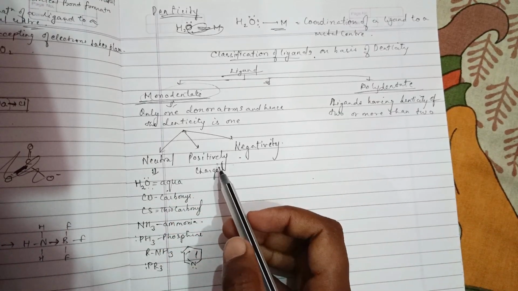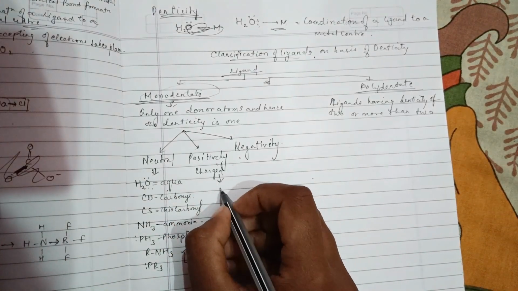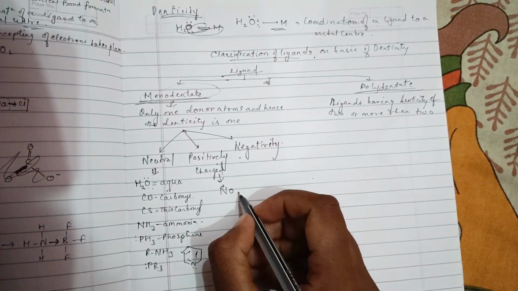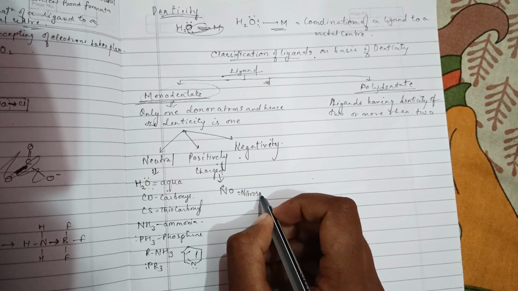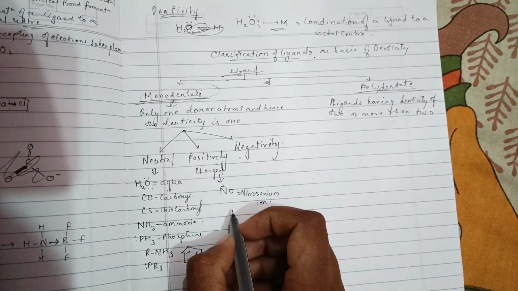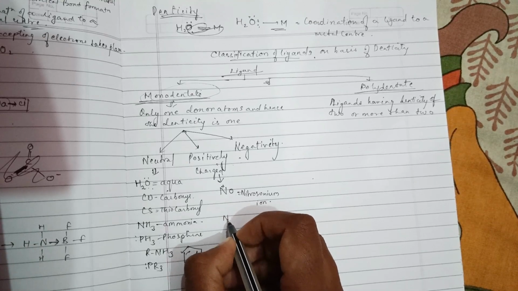Now positively charged, like nitrosonium ion, NO positive. This is nitrosonium ion. Then hydrazonium ions.